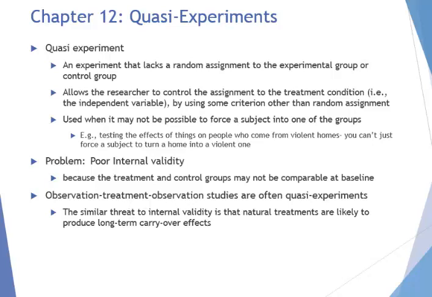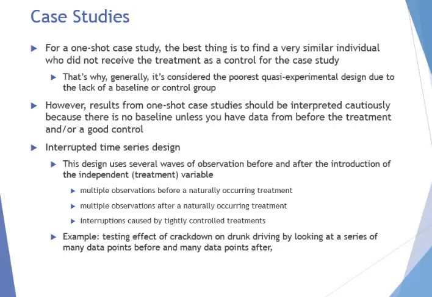A case study is really a type of quasi-experiment. The best thing to do for a one-shot case study, in other words, when you're just testing one individual, is to find a very similar individual who did not receive treatment as a control for the case study. It's not easy to do, and that's why an individual case study is very often considered the worst type of experiment or quasi-experiment.